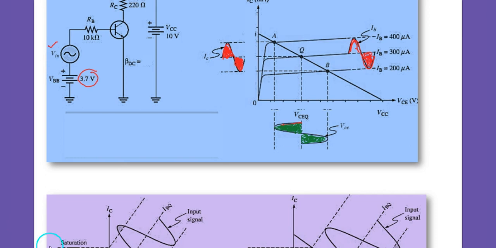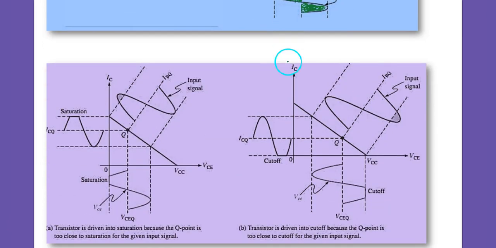If the Q point is at the center, then there is a faithful reproduction of the input signal. There is no distortion. Only one thing is that without input signal, there is some base current, a reasonable amount of base current, it flows, which is again a limitation of the circuit.